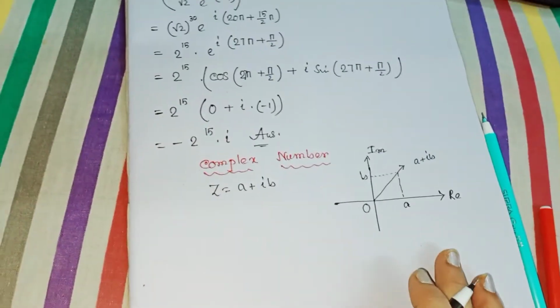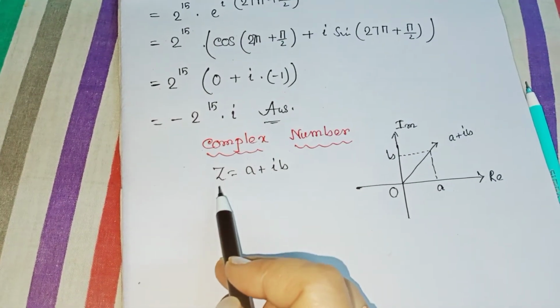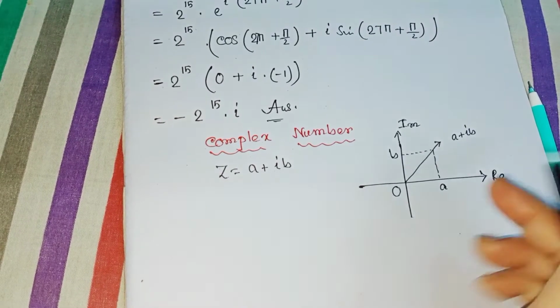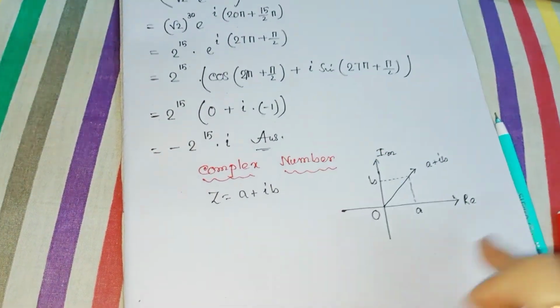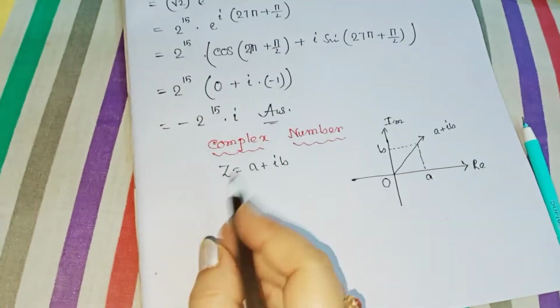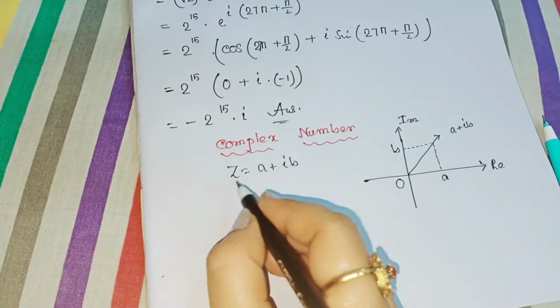So we easily say that z is equal to a plus ib and plot this just like this way.